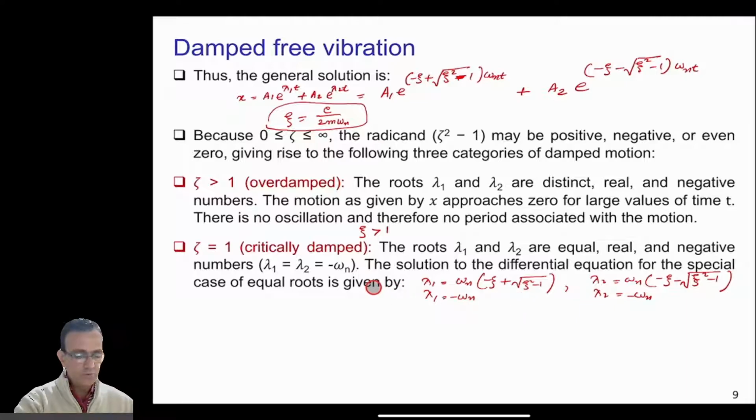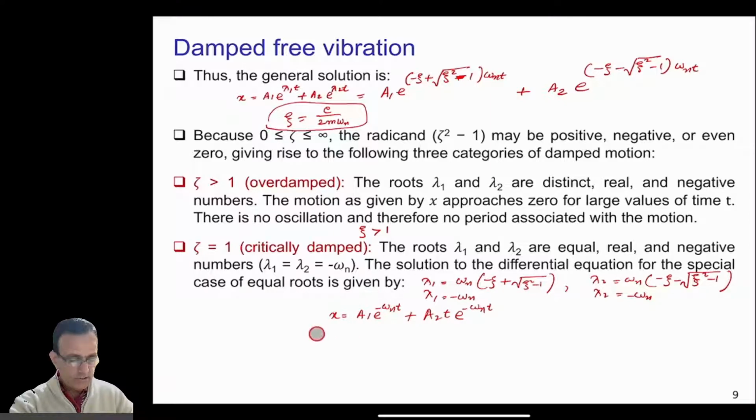From our knowledge of differential equations, if we encounter this situation, then the solution of the system becomes x equals a1 e to the power of minus omega n t, plus a2 t e to the power of minus omega n t.